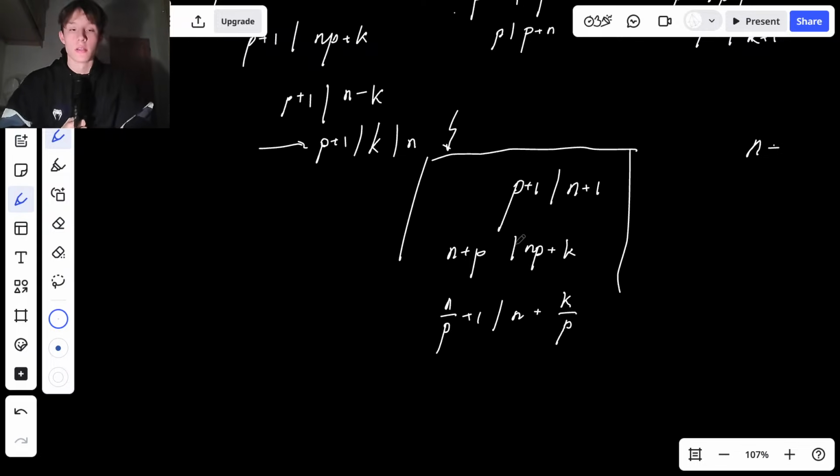Yeah, the issue is now that n plus p doesn't divide this thing, but n minus p does. So n minus p does divide this thing.